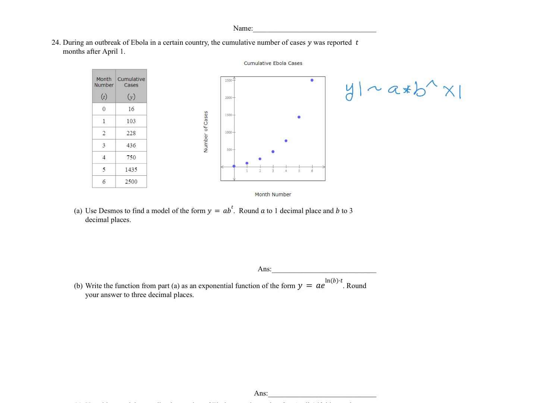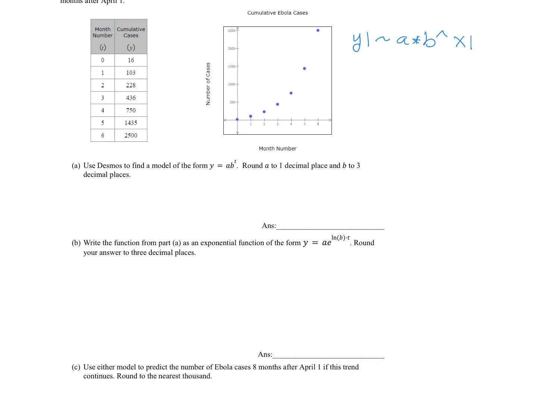So in this problem, it will generate the value of a, which is approximately 71.6, and b, which is approximately 1.810. So your exponential model is going to be equal to 71.6 times 1.810 to the t power.